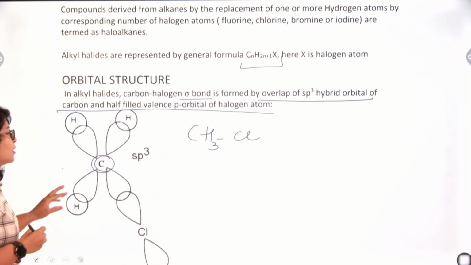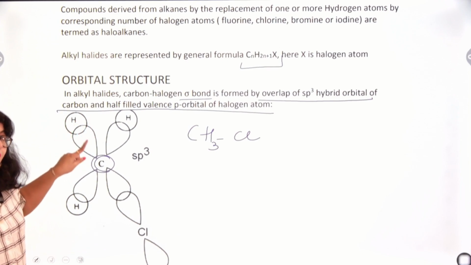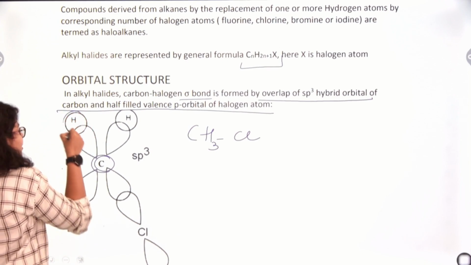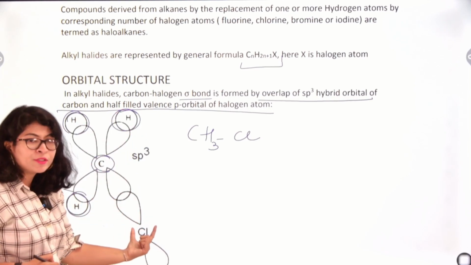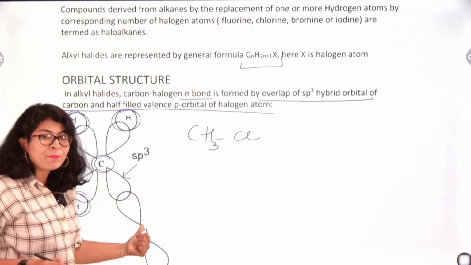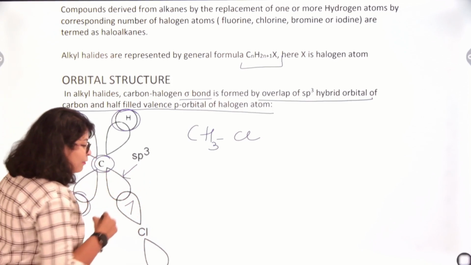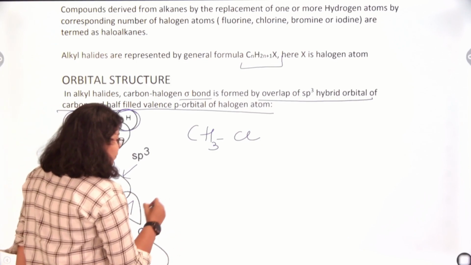In this, carbon involves its sp3 hybridized orbitals to overlap with s orbitals of 3 hydrogen atoms, and one of the sp3 hybridized orbitals overlaps with a singly filled p orbital of chlorine.